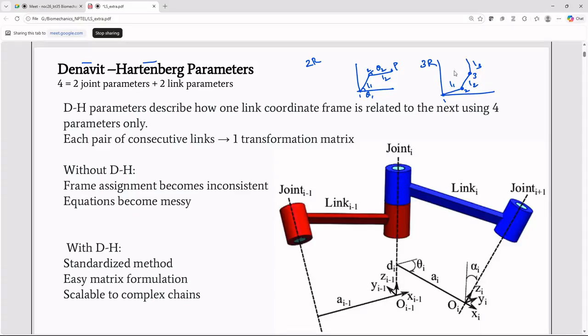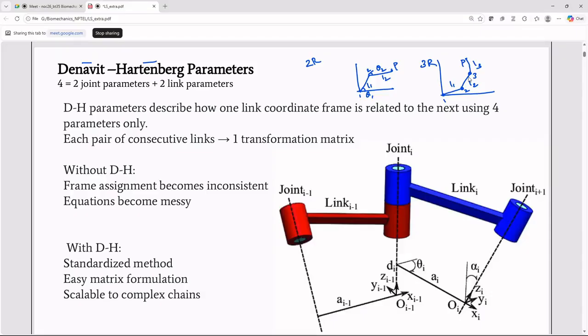When you solve the question for the end effector P, you will understand the difficulty there. When the number of links and also the degrees of freedom associated with each link change, the system becomes entirely difficult to model.